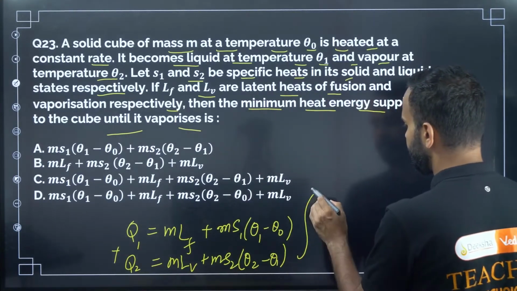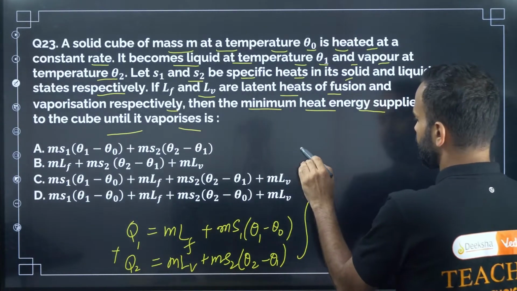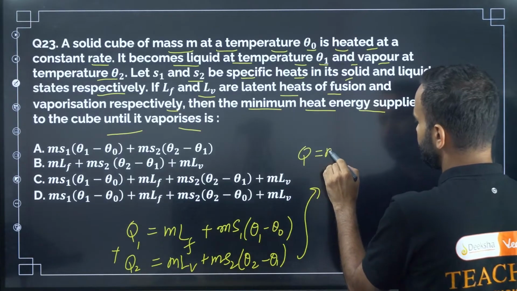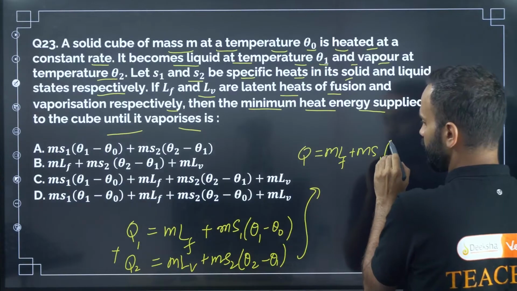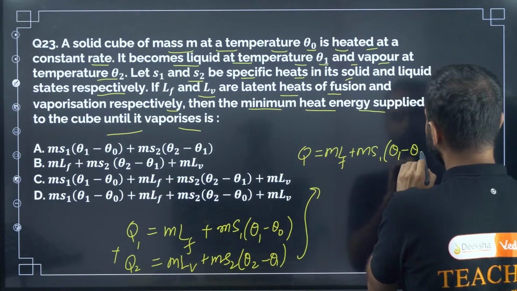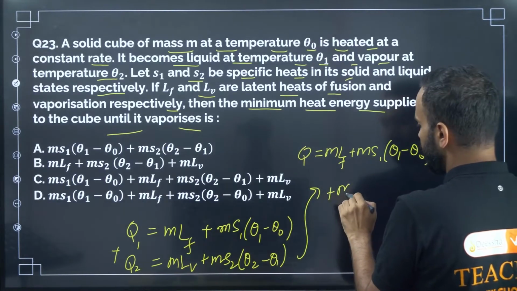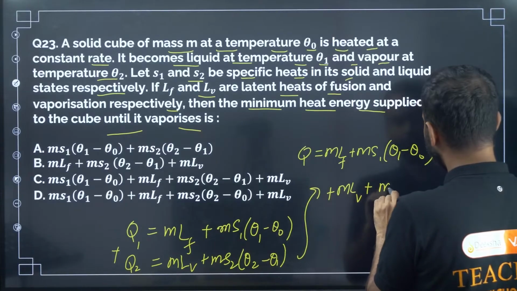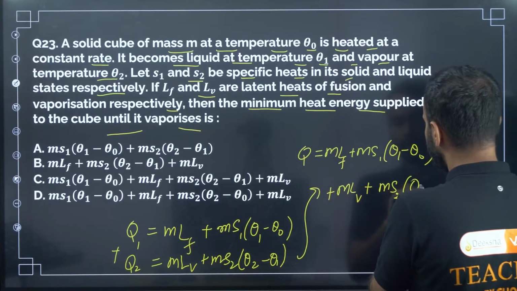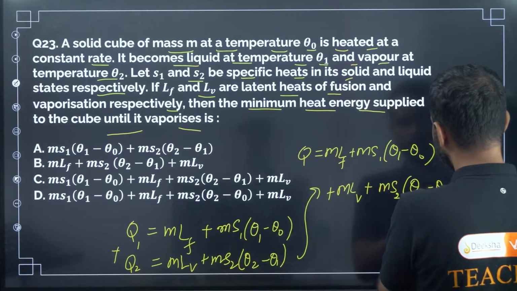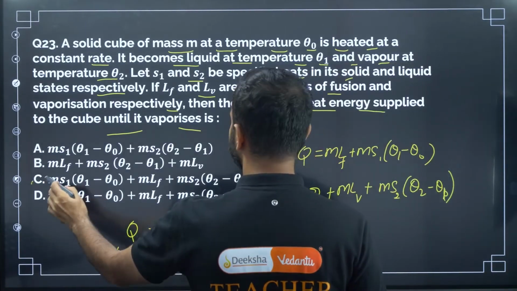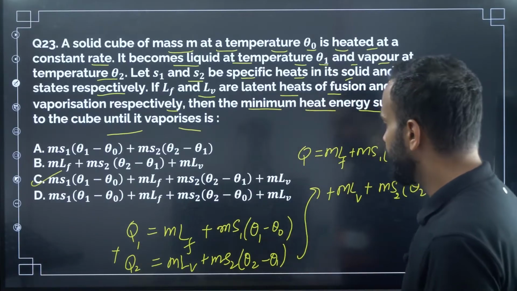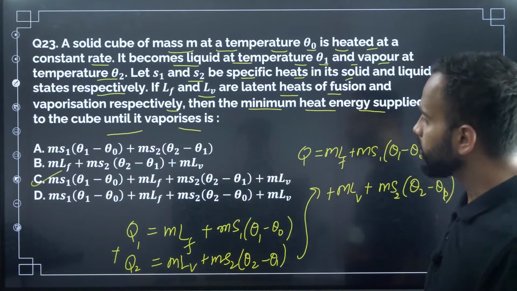The total Q is equal to m into LF plus m into S1 into theta 1 minus theta naught plus m into LV plus m into S2 into theta 2 minus theta 1. So the correct option is C.